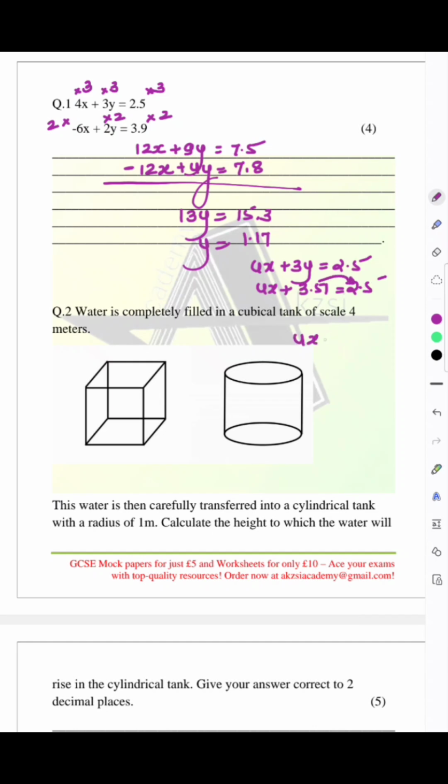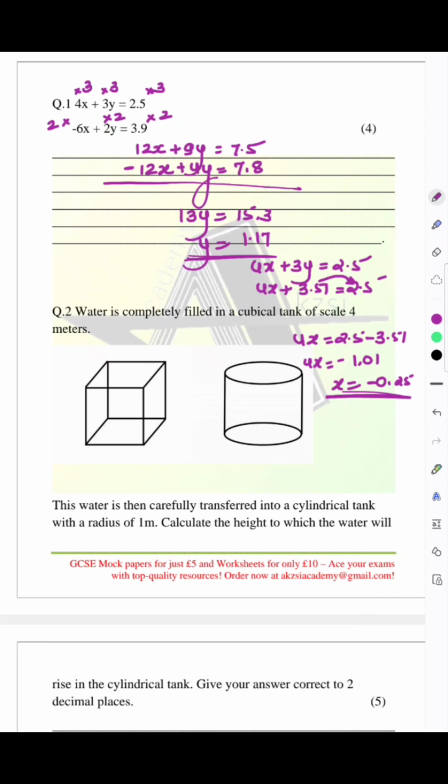This will be 4x equals 2.5 minus 3.51, which is negative 1.01, and finally x is equals to negative 1.01 over 4, which is negative 0.2525, or I can just keep it 0.25. So these are the values of x and y, and this is how we can use elimination method to find the answer.